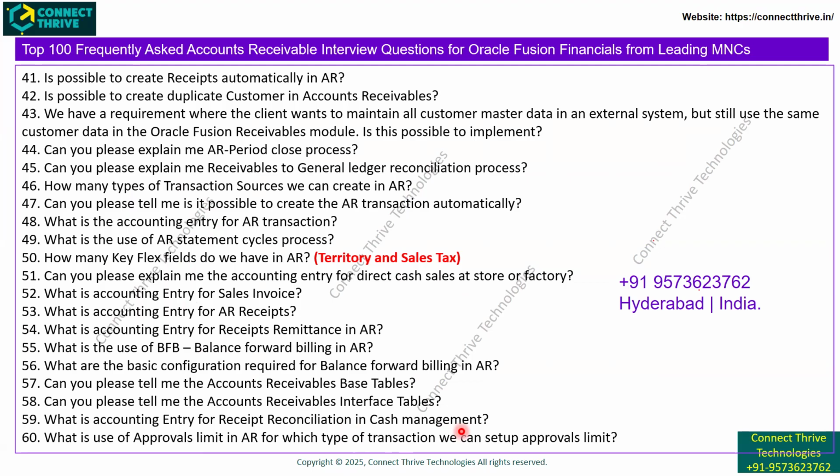Next, what is the use of approval limit in AR? For which type of transactions can we set up approval limit? Approval limits control the users doing any adjustments, write-offs or refunds. If you don't specify the limit for the write-off, adjustment or refund case, and don't give any cutoff amount, they can do any amount they want. For adjustment there is no proper limit as per my knowledge, and even for refund we don't give any particular amount.